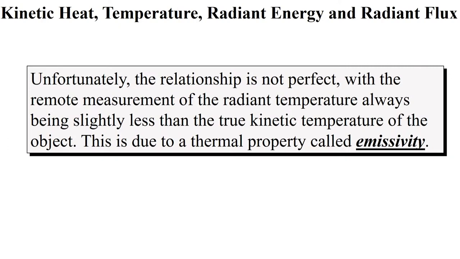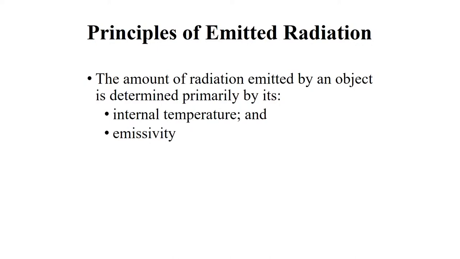But here the emissivity of the surface plays a very important role, so kinetic temperature is not equal to the radiant temperature. So the thermal emission of any object is mainly governed by two factors: the internal temperature, or kinetic temperature, and the emissivity of the surface.